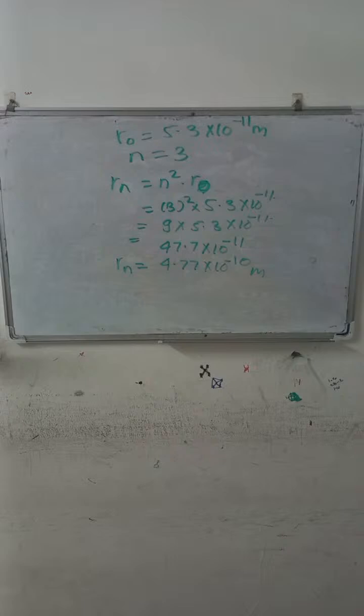Okay, now write down the next one. The short wavelength limit for the Lyman series of the hydrogen spectrum is 913.4 Angstrom unit.